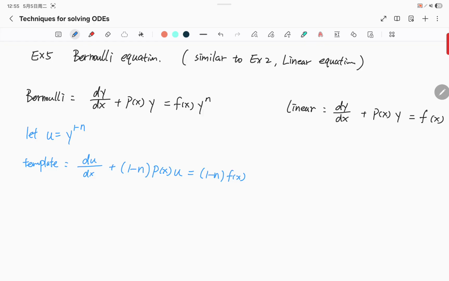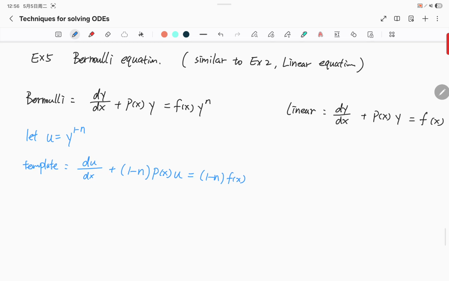So what's in blue is the idea. After you identify that this is a Bernoulli equation, you say u is equal to y to the power of 1 minus n, n being the original power of y. Bernoulli equation is one of the methods in what's called reduction styles. I don't even remember the names. You use something to replace something, like u-substitution, then do that thing and bring it back.